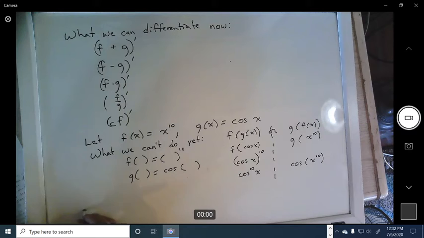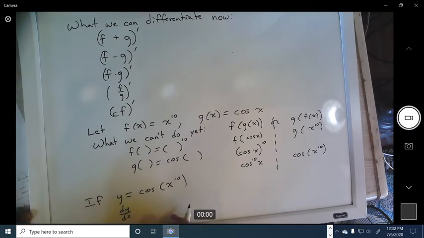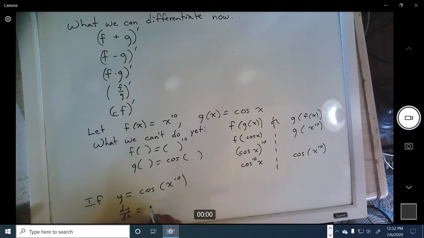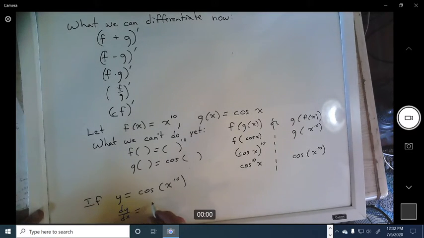So let's take y equals, suppose it was this second one, cosine of x to the 10th power. Then dy dx equals what? That's today's topic.